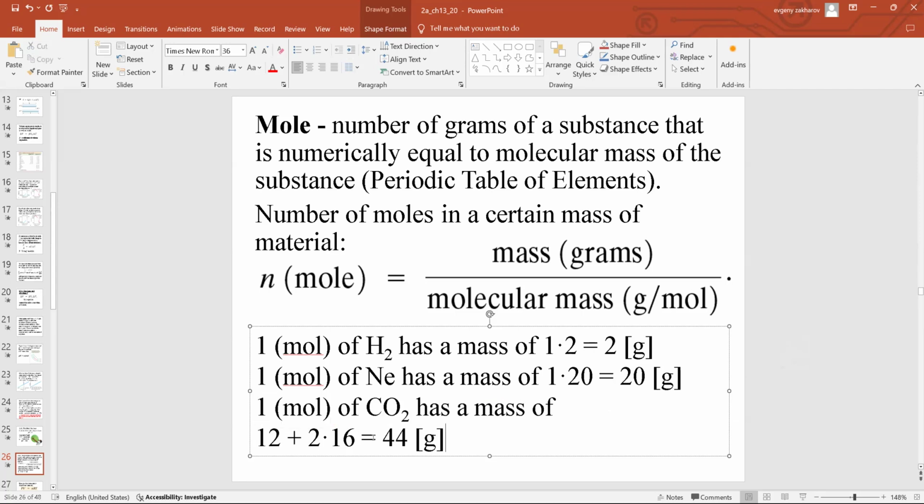And for oxygen, it's 16 units, but 16 has to be multiplied by 2 because oxygen is O2. So 2 times 16. And whatever you have from carbon, that's going to give you 44. 12 plus 32, that's 44 grams. So this is your connection between the grams and the molecular mass, because you have a certain amount of moles in a certain material.